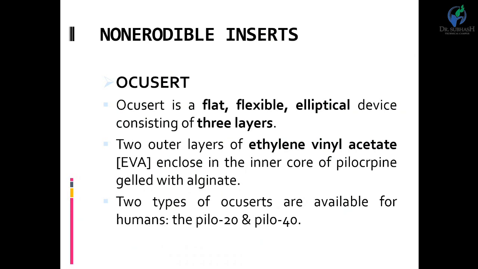The core material contains our API drug, for example pilocarpine, with a gel with alginate. The 2 outer layers are made up of EVA, and in the center is the intermediate layer consisting of the core material, that is our drug. Two types of OcuSerts are available for humans, Pilo 20 and Pilo 40, for pilocarpine.